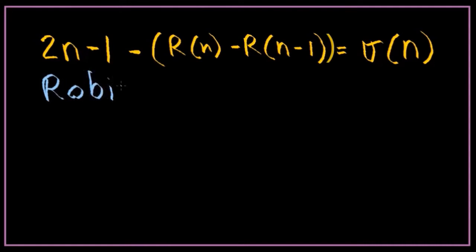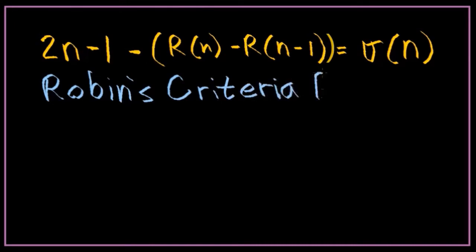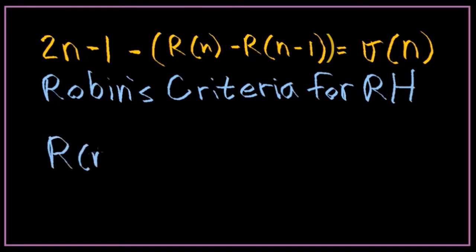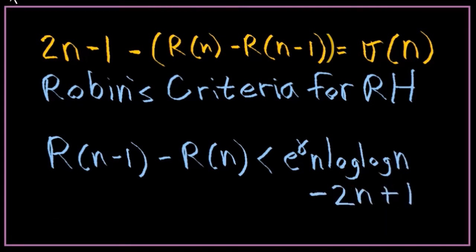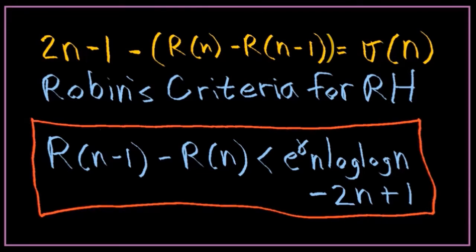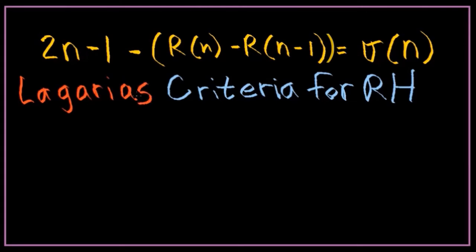Because we can express sigma n this way, we can plunk it into Robin's criteria for the Riemann hypothesis, so we can state that the truth of the Riemann hypothesis is equivalent to the assertion that the sum of the residues of n minus 1 minus the sum of the residues of n is less than the quantity e to the gamma times n times log of n, minus 2n plus 1, for n greater than 5040.